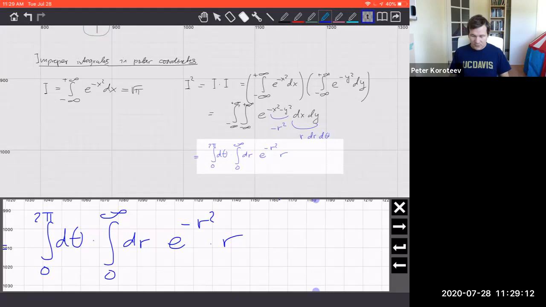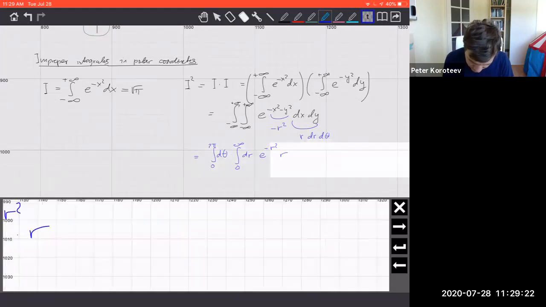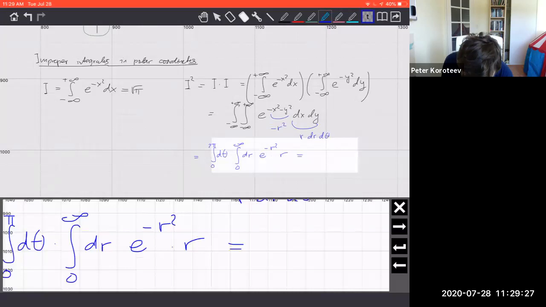So the integral of e to the minus x squared does not have an antiderivative, but the integral of x e to the minus x squared does, because we can make a change of variables here. We can put r inside.